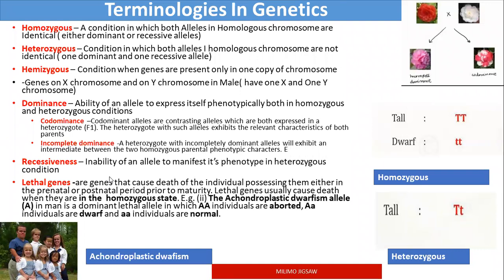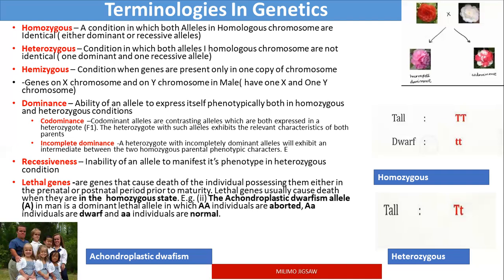So lethal alleles usually cause death in the homozygous state. The lethal alleles cause death of the individual that is carrying these alleles. These are some of the terminologies that we have here. The pictures there are simply depicting codominance and incomplete dominance.